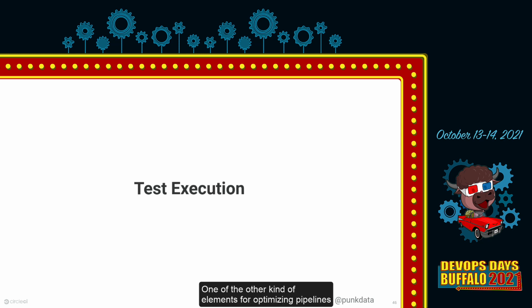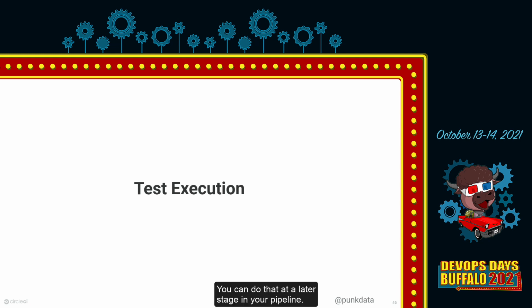One of the other elements for optimizing pipelines is to execute specific tests at appropriate segments of the software development process. So don't run end-to-end tests on every build for every scenario, or every commit. You should ensure that your tests are being executed at appropriate points of your CI/CD pipeline. If you're in development, don't execute all your end-to-end tests.